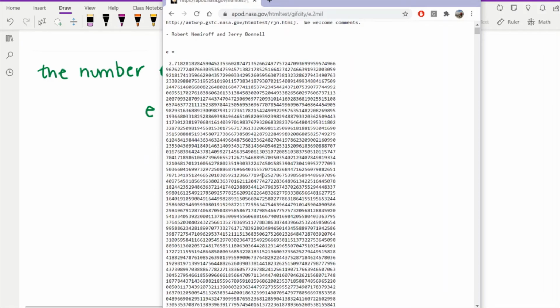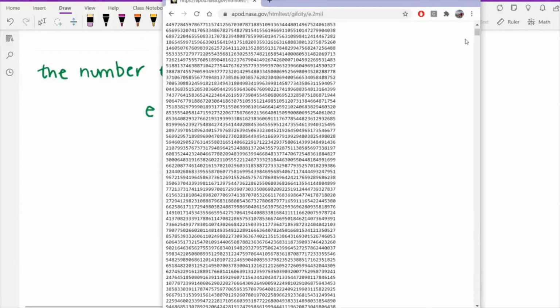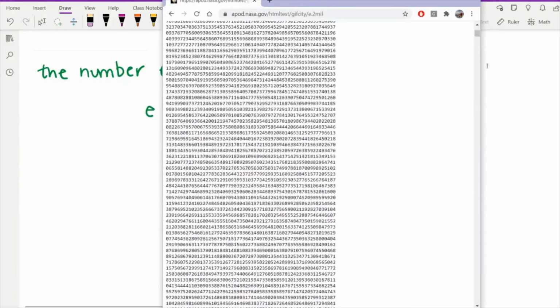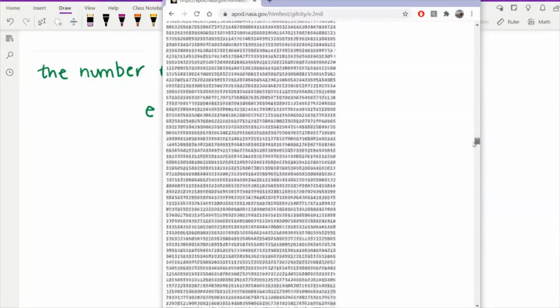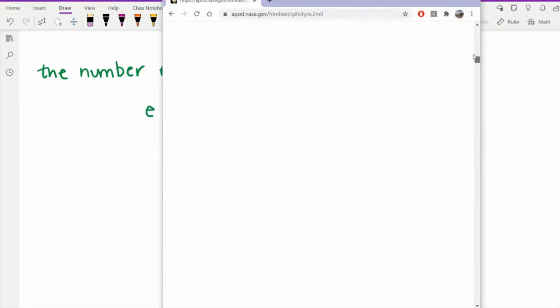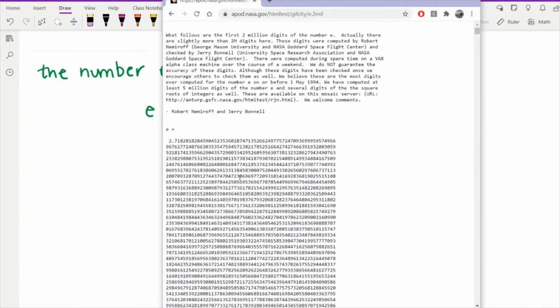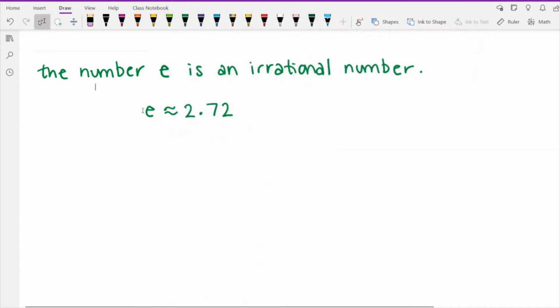But look at the bar on the right, look how little I'm scrolling, and it's still more and more digits of e. I can scroll down and down and down, and it just keeps going. And this isn't even the whole number, right? So when I say it has infinitely many decimal places, I mean it. That's why we just write the symbol e, because who can write down all of these digits when there are infinitely many?